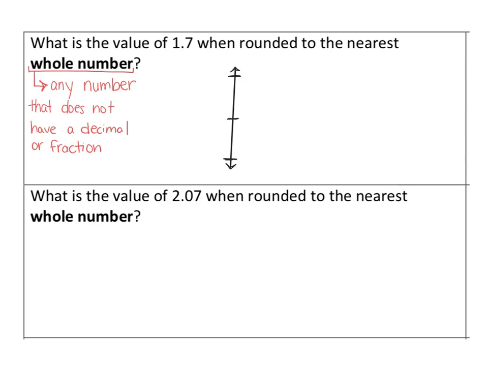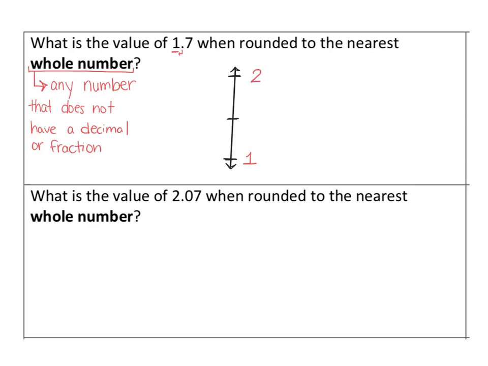So in the number 1 7/10, my whole number will be before the decimal, 1. So I'm either going to be rounding down to 1, or I'm going to be rounding up to, what is the next number higher than 1? 2.